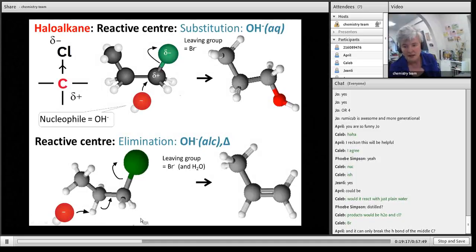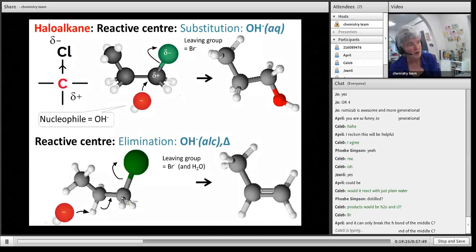April asks: it can only break the H bond of the middle C? Yes, it's got to. This, as I say, is the carbon that is slightly positive. So if this was on the end as it is now, there's only one other carbon where the hydrogen could be removed from to form a double bond.